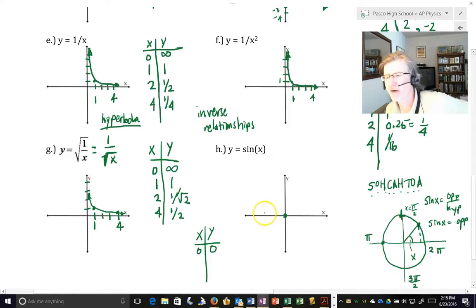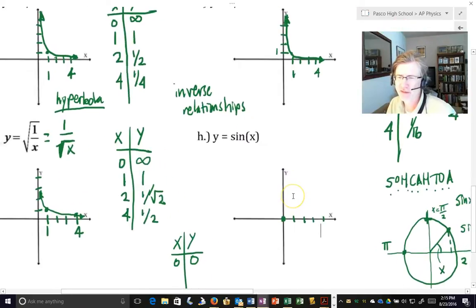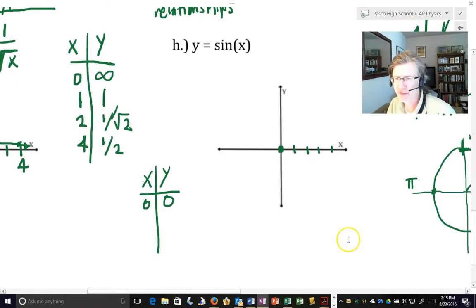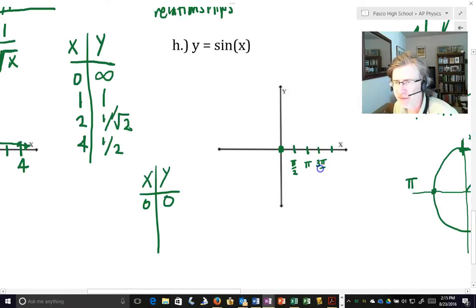What we recall for the sinusoidal functions is that they are cyclical. So if I do pi over 2, pi, 3 pi over 2, 2 pi, then I should see a pattern repeating. When we get back to 2 pi, I have to be at 0.